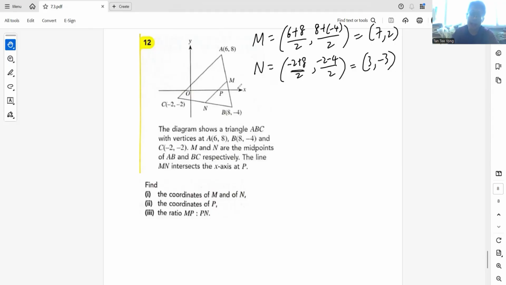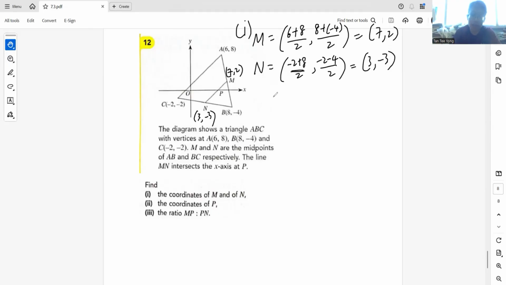Okay, so these are the coordinates of M and N. Part 1 is done. I'm just going to write on the diagram now. M is 7, comma 2, and N is 3, comma -3.